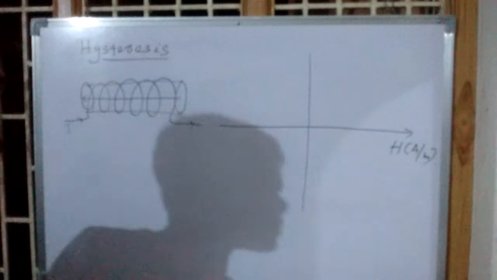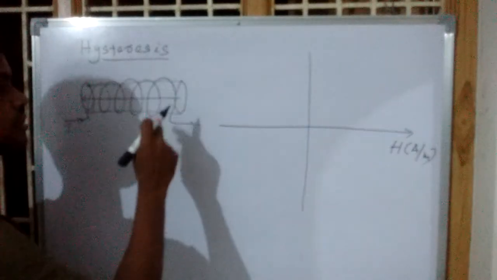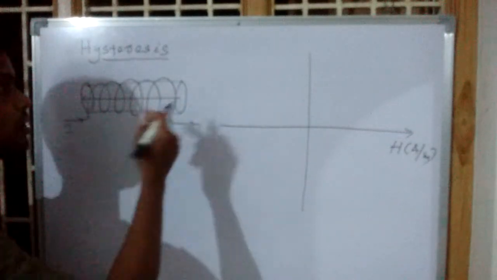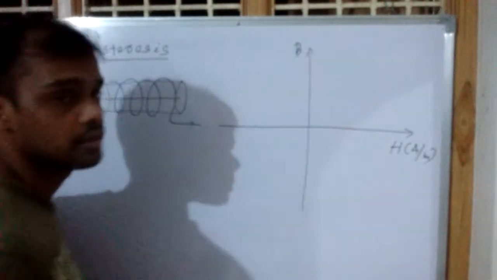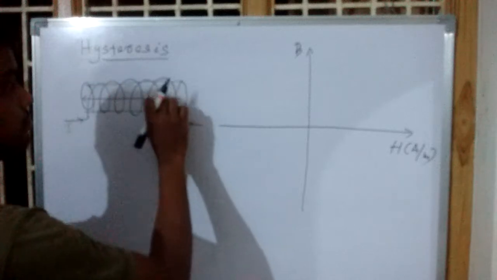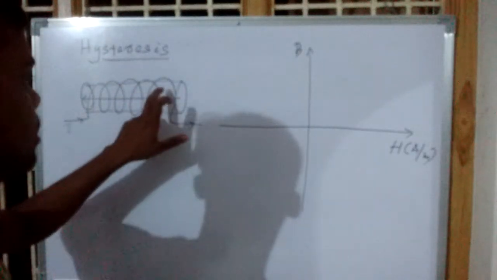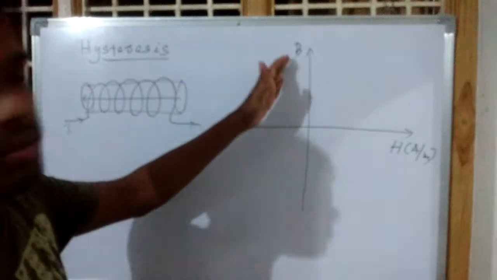More the current, more will be the intensity. And magnetization is obviously M, but we shall not use M here, we shall use B, the amount of magnetic field produced by this iron core. More the magnetization, more will be the value of B.